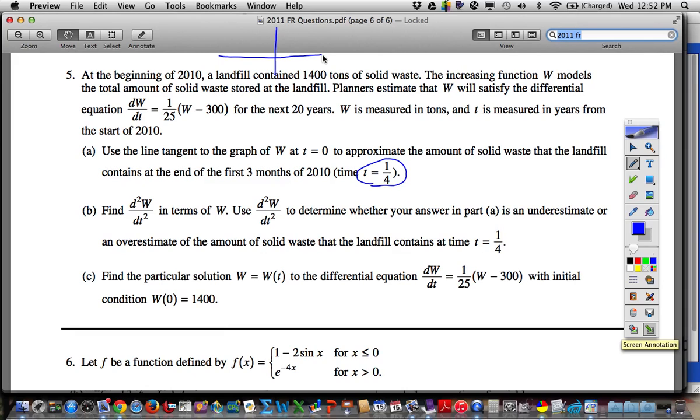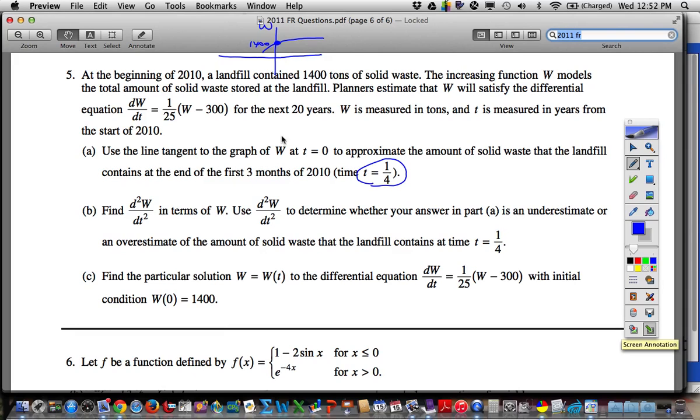What's really going on here is you've got this increasing function. I don't know exactly what it looks like. Let's say it's concave down like this. And it says that right here, if this is the W function, what's this Y value right here? 1,400, right? The W function has 1,400 at time 0.